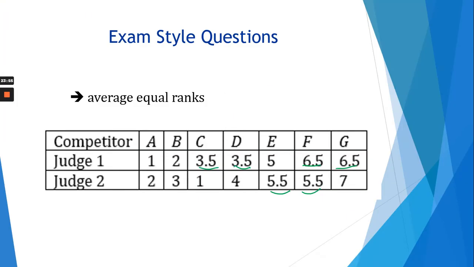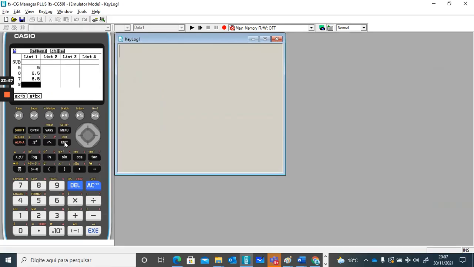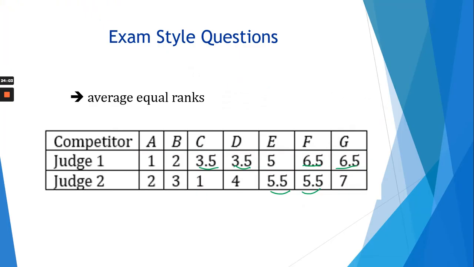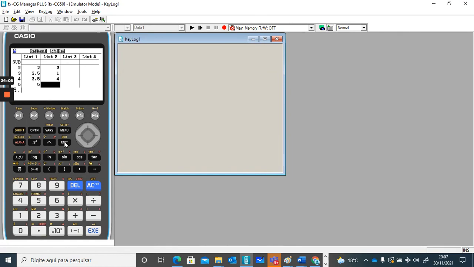And judge 2 will be 2, 3, 1, 4, and 5.5, 5.5, and 7.